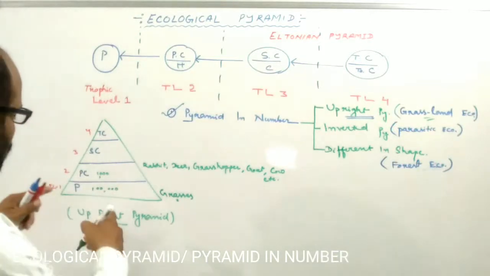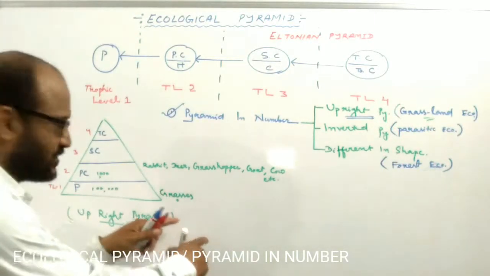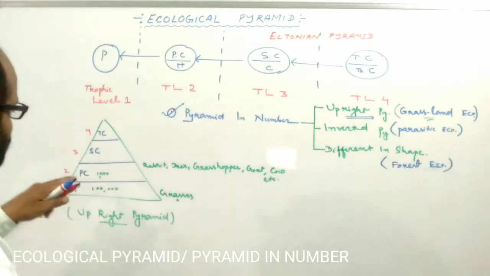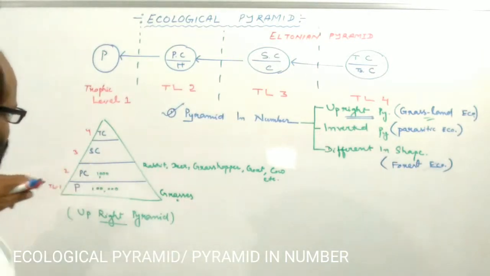So the 1 lakh grasses support the 1,000 herbivores or primary consumers.